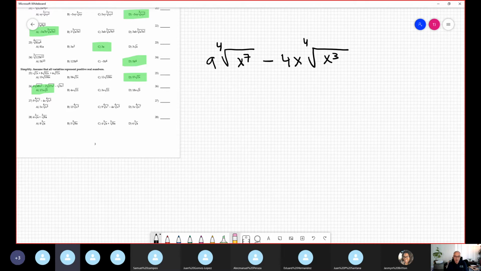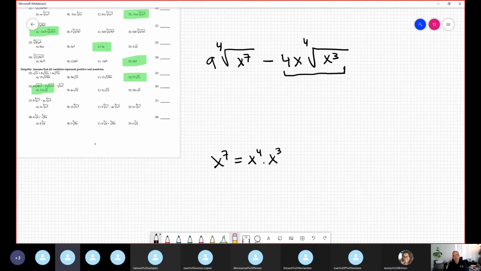In the second, no, because 3 is less than 4. So that means that in the second expression, we cannot do anything. However, in the first, yes, x to the 7 is x to the 4. Remember, I select an exact multiple of 4, so 4, 8, 12, and x to the 3rd power.